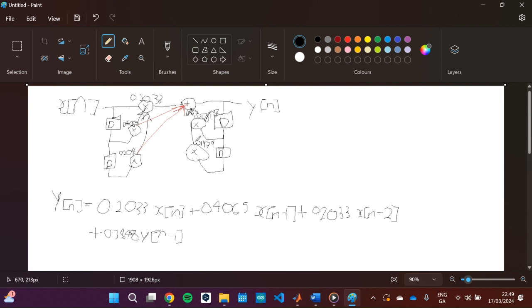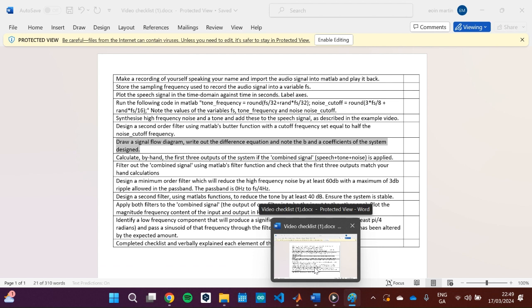Now, that should be minus there. Minus 0.1979 y of n minus 2. Alright. Now, that's that part done.